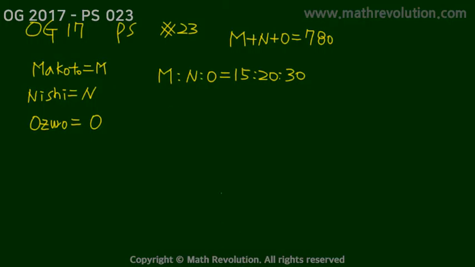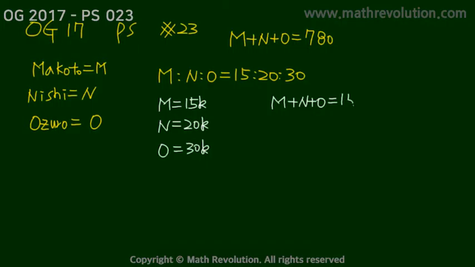In other words, we could say M equals 15K and N equals 20K and O equals 30K. So M plus N plus O is equal to 15K plus 20K plus 30K, and this was equal to 780.